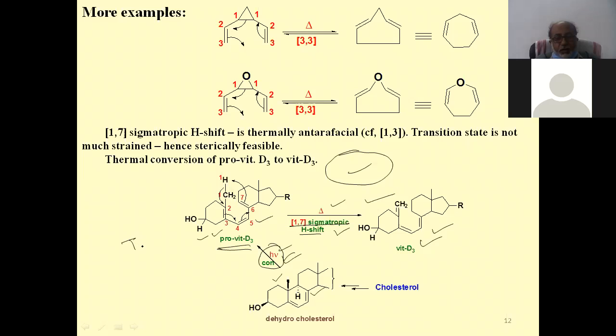If you apply the Woodward-Hoffmann rule, what should it be? It should be thermally disrotatory. But if it is photochemical, it should be conrotatory. And the rotation has to be con because these double bonds are in this position.